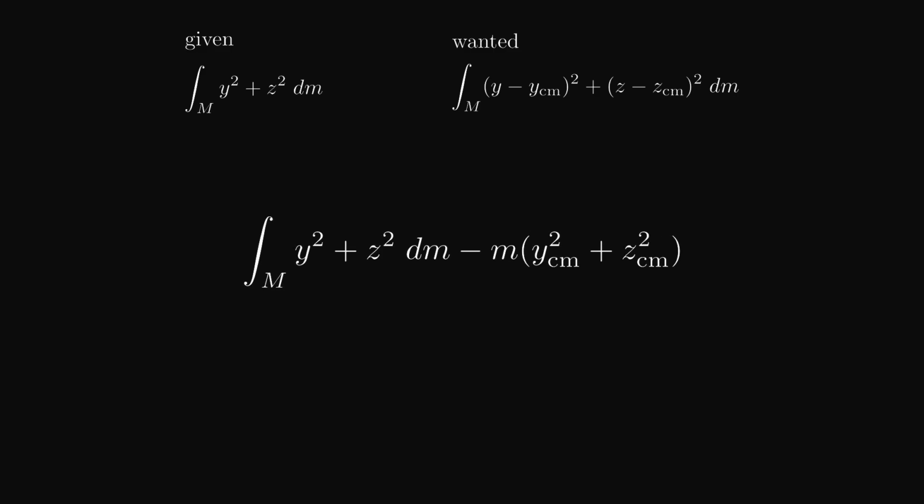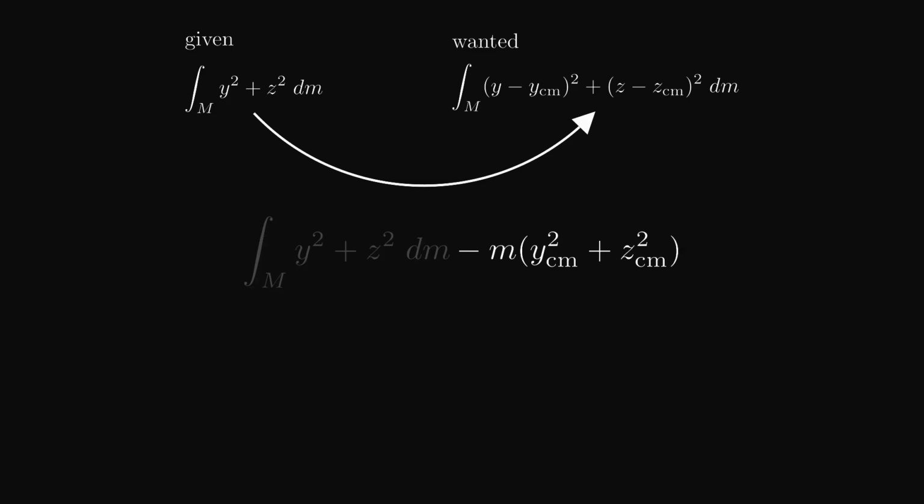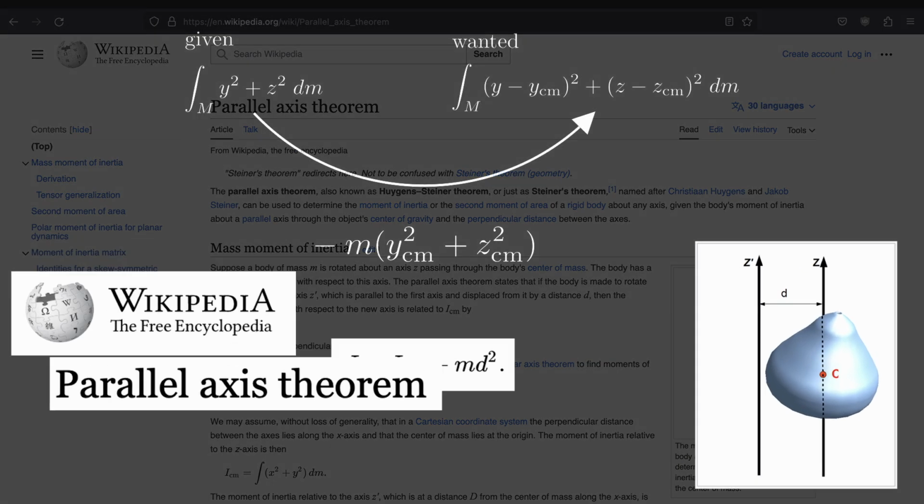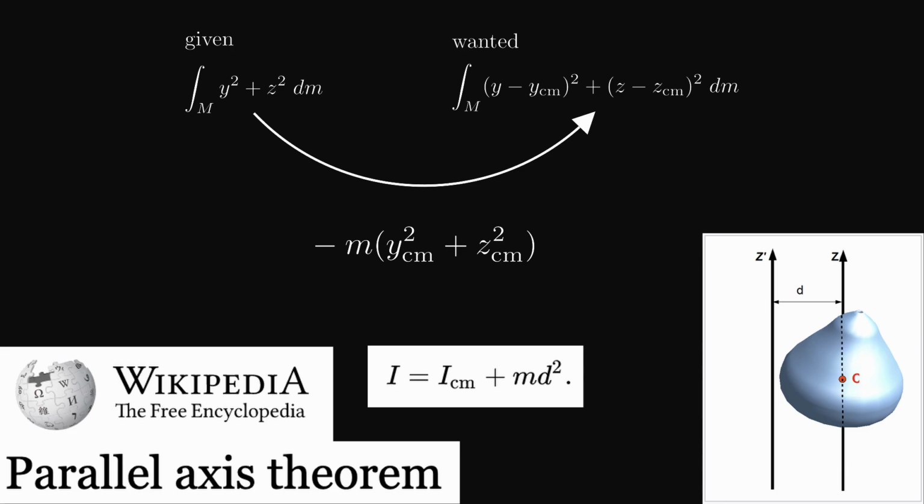So to go from our given origin inertia value to the center of mass one, we need to subtract this expression. And that's basically the parallel axis theorem, just in the reverse. Given the inertia value I_CM around some axis z that passes through the center of mass, the inertia value I around the same axis passing through a different point can be computed by adding the mass times the squared distance between the two axes.